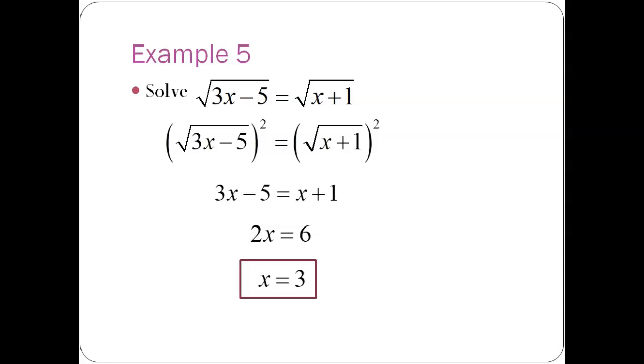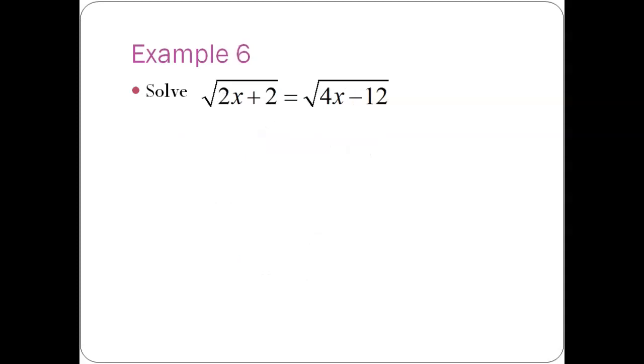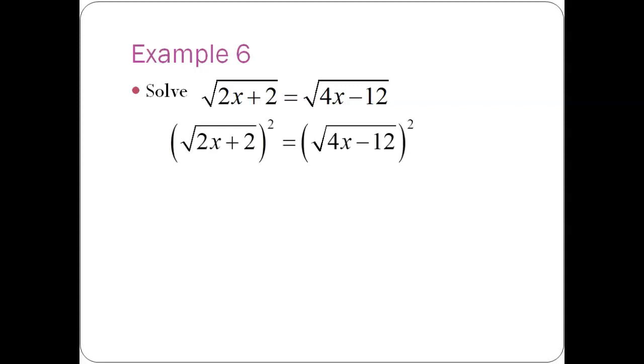All right, in our last example, we have another case where we have more than one radical. So to solve this, we have the square root of 2x plus 2 equals the square root of 4x minus 12. Square both sides. The squares and the square roots will cancel each other out.